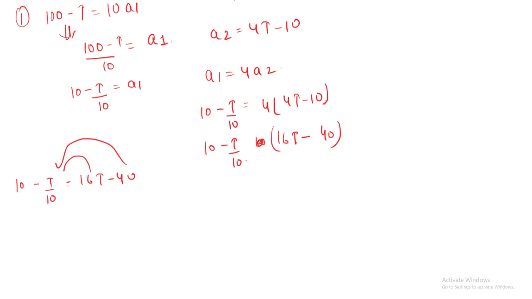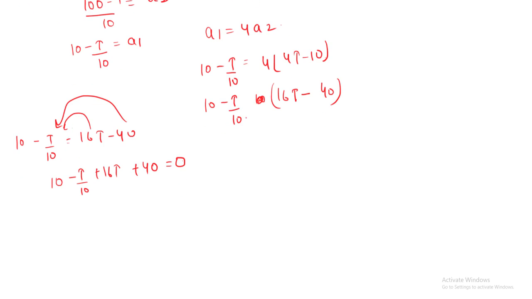So by converting into this, 100 minus T by 10 plus 16T plus 40 is equal to 0. 50 plus 26T by 10 is equal to 0.